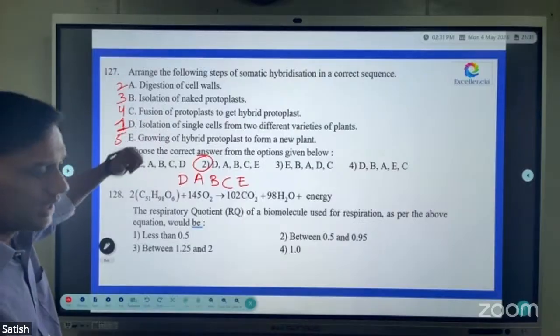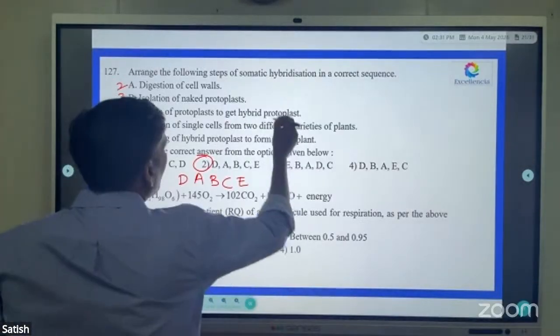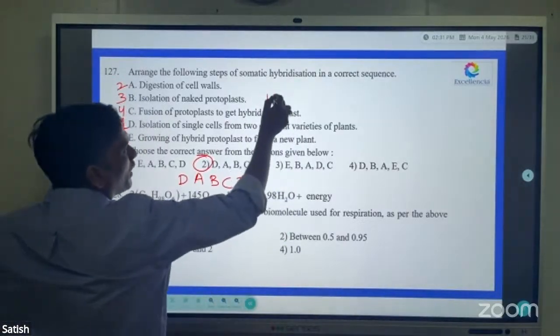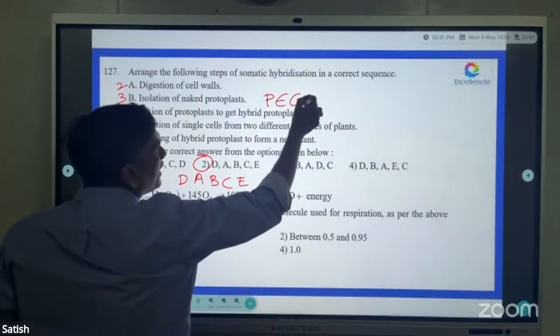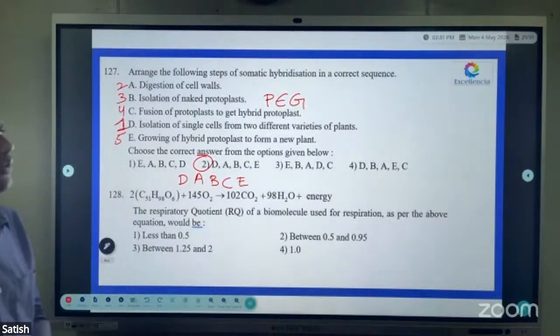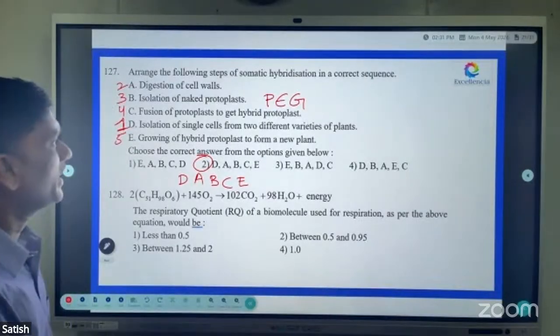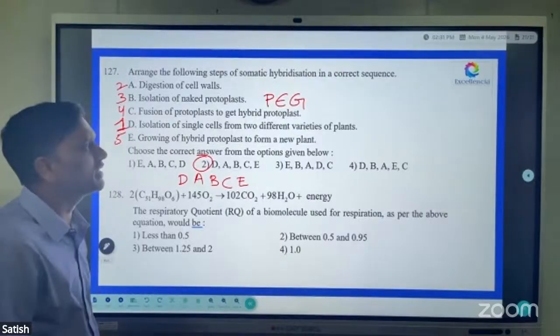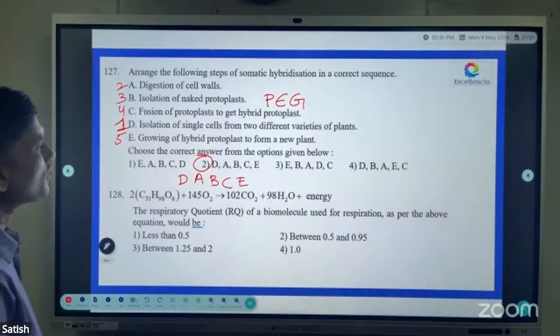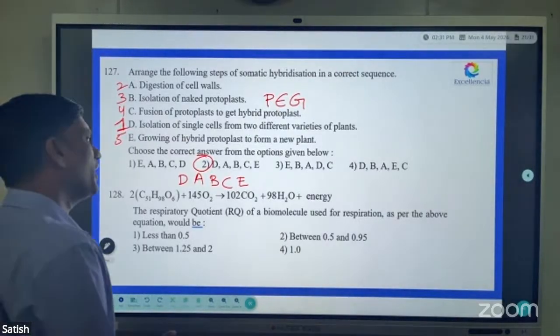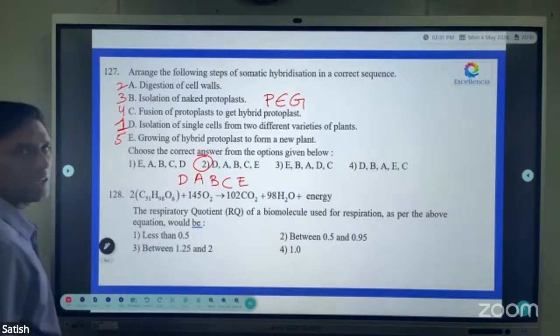Fourth one is fusion. The protoplast fusion, chemically mediated fusion, is mainly carried out by a chemical called PEG, polyethylene glycol. Last one is growing of hybrid protoplast to form a new plant. So the answer is second option.